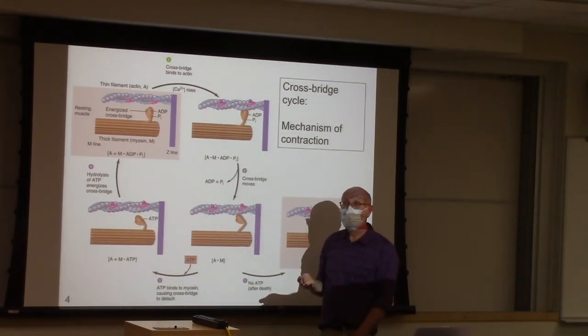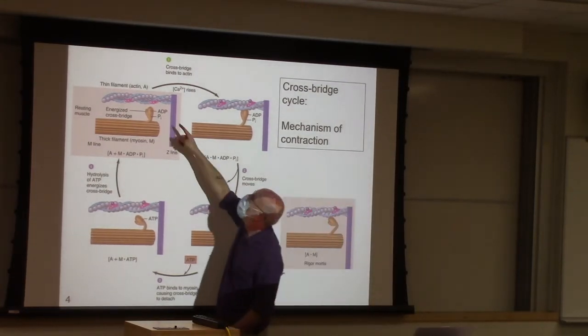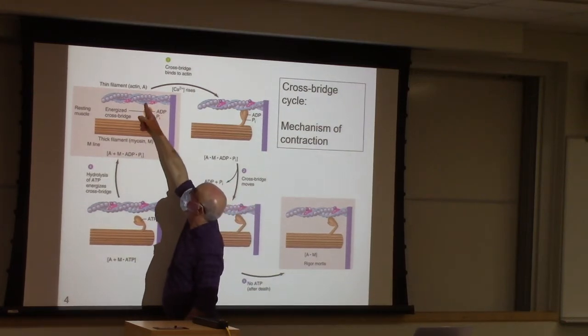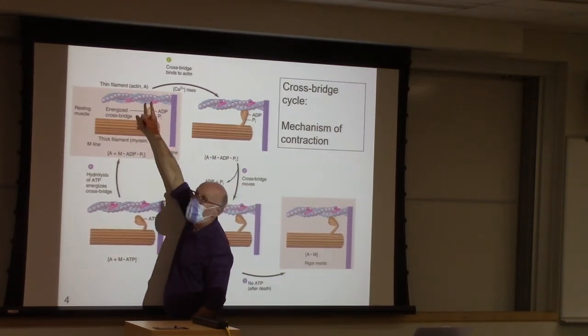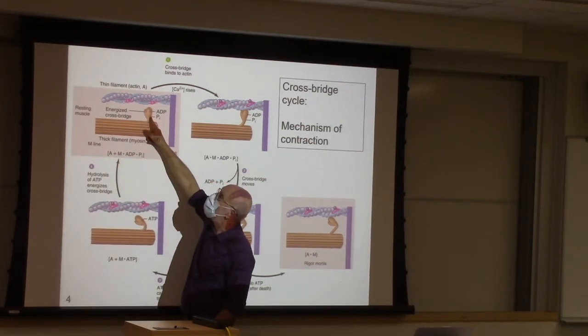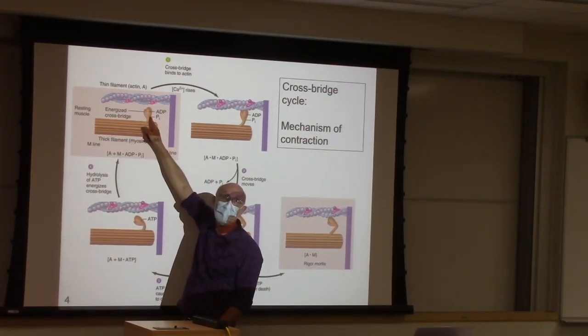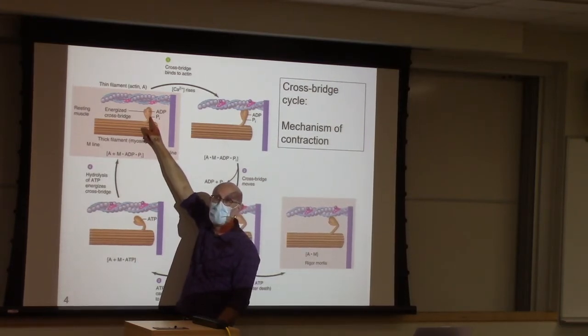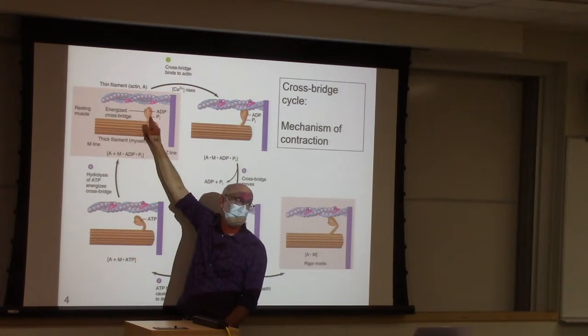In low calcium, at rest, troponin and tropomyosin block the sites on actin that the myosin head group would interact with, if it could. But it can't, because it's blocked.